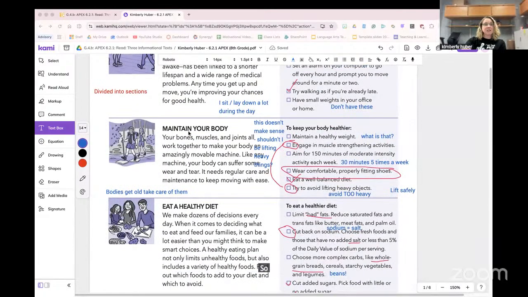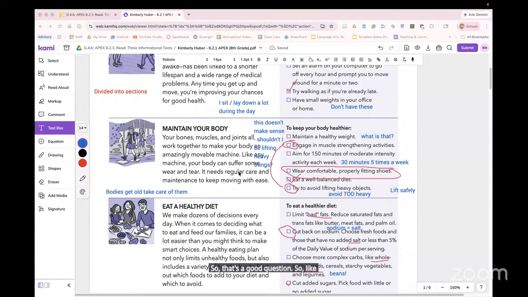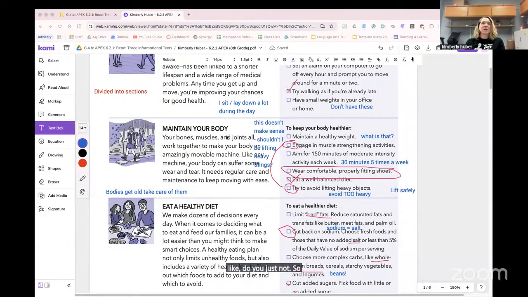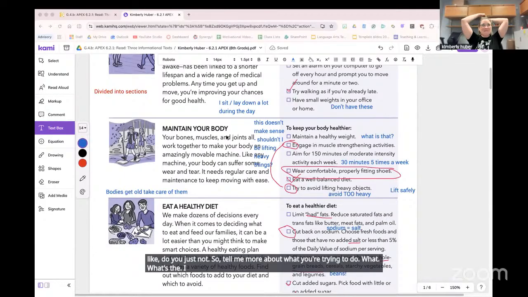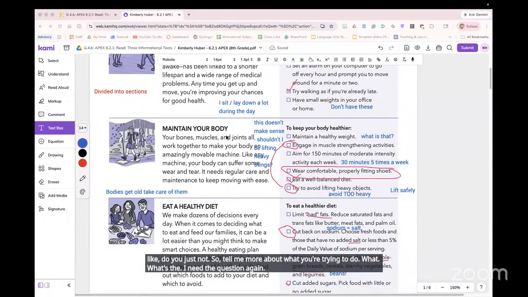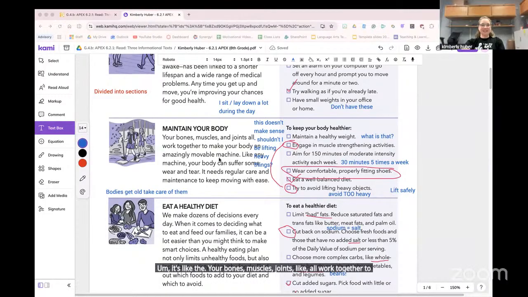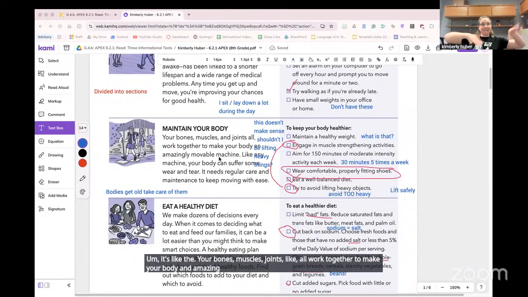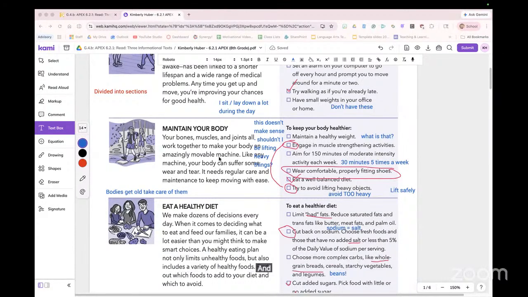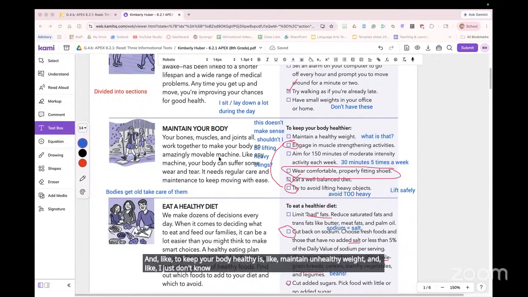It's like your bones, muscles, joints all work together to make your body an amazing movement machine. And to keep your body healthy is to maintain a healthy weight, and I just don't know what that means.